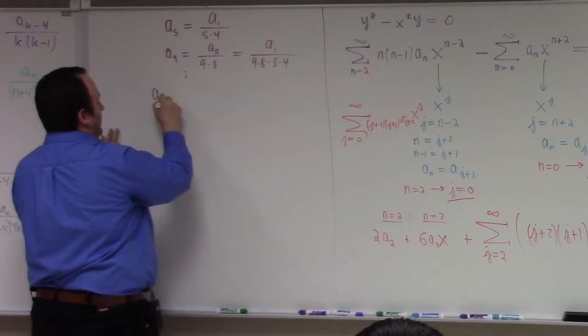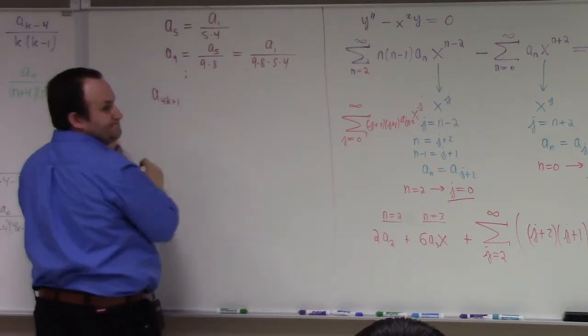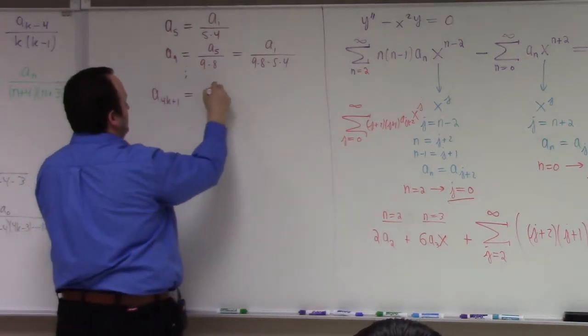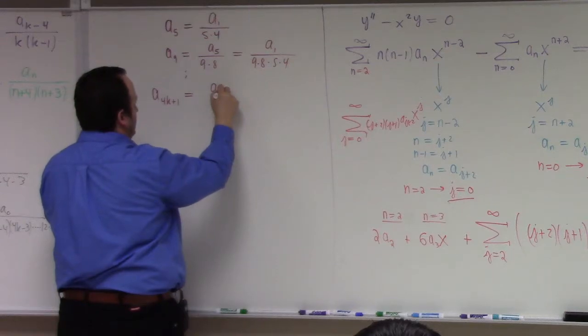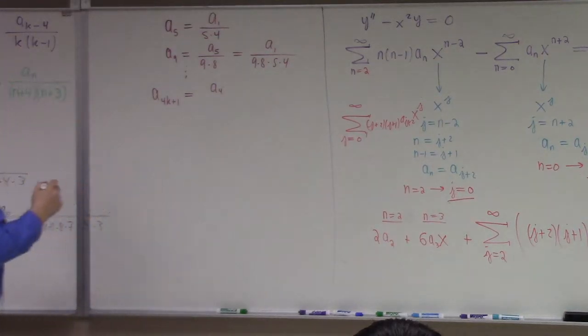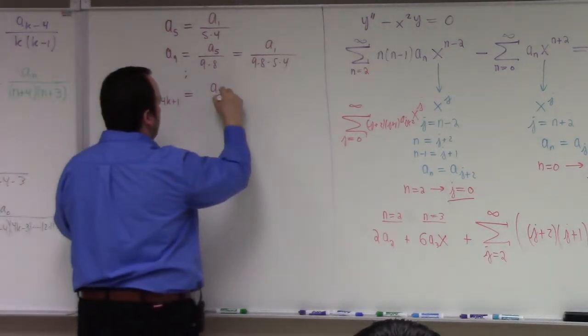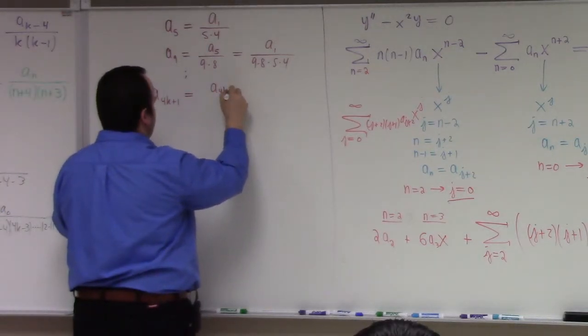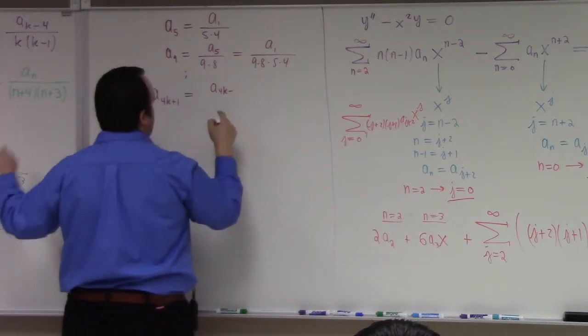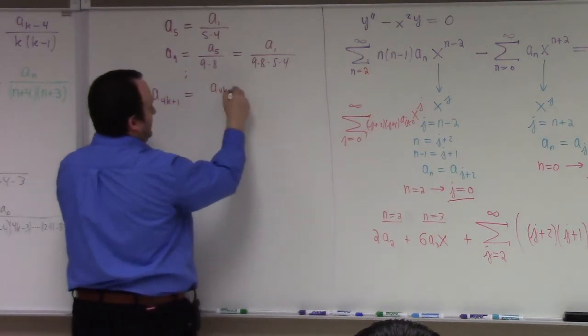A sub 4k plus 1 is equal to a sub 4k minus 3. Let's see here. I'm supposed to subtract 4, right? So plus 1 minus 4 is minus 3, right?